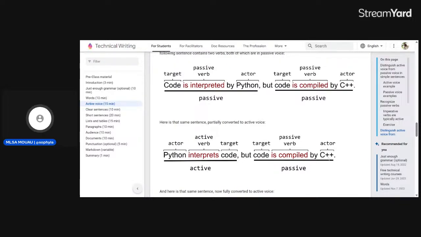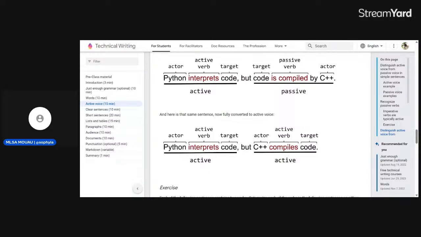If you want to make this fully active, you will say Python interprets code, but C++ compiles code. That way, you are putting the actor first, the verb next, and the target at the end. Exactly the same thing I said: Python interprets code, but C++ compiles code.